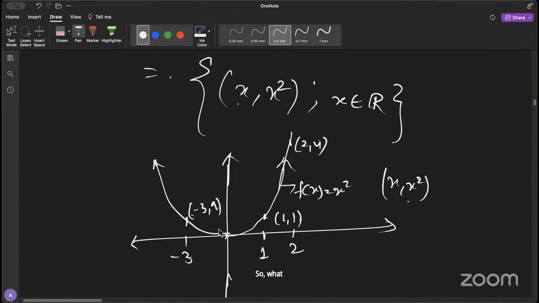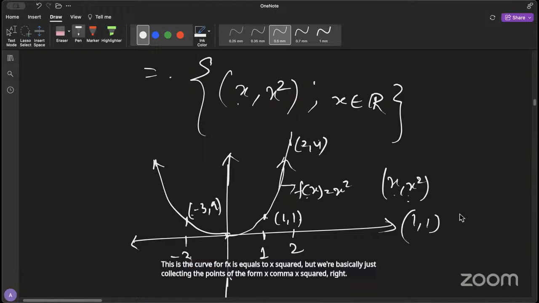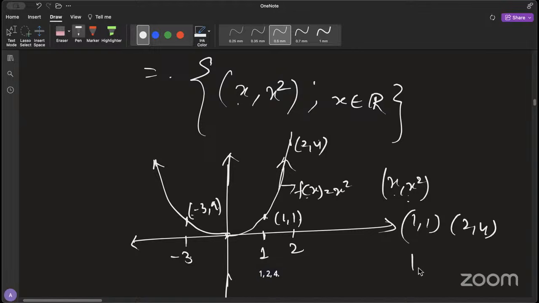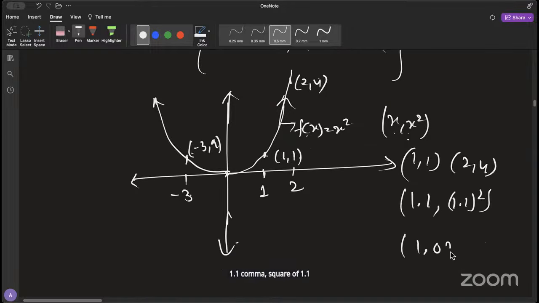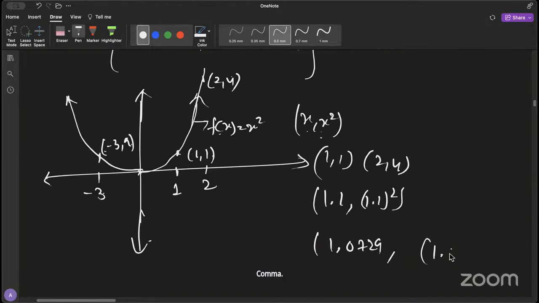So what are we doing on this curve? This is the curve for f(x) equals x squared, but we're basically just collecting the points of the form (x, x squared): (1, 1), (2, 4), (1.1, square of 1.1), (1.0729, square of 1.0729). That's what we're doing in this graph, right? Yes, ma'am.